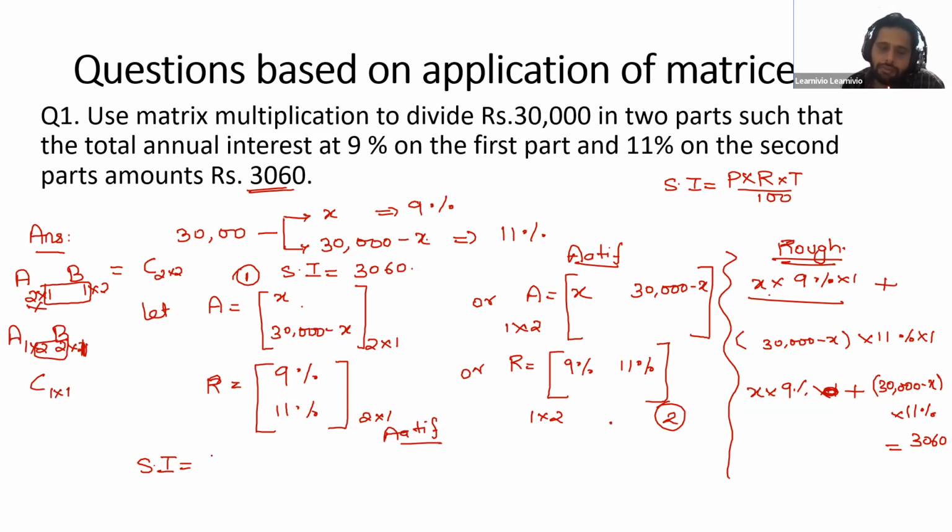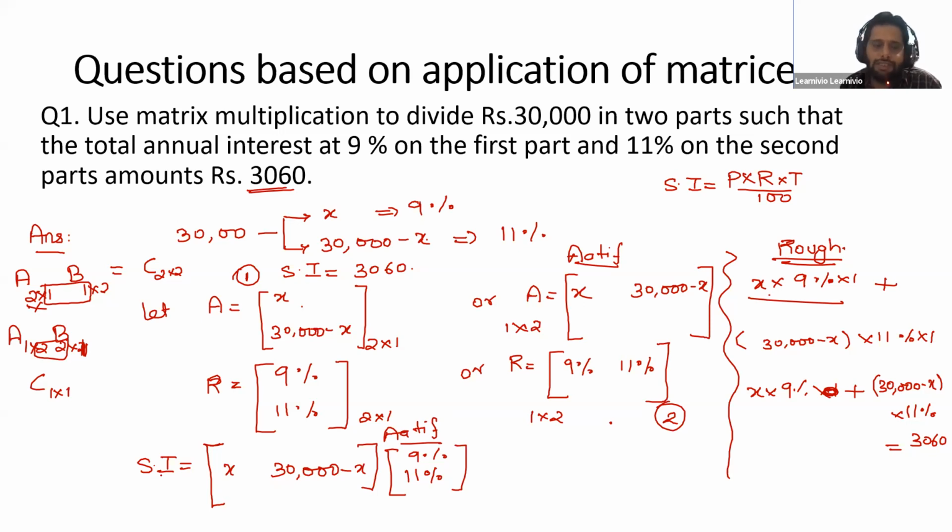For the simple interest, we will select x, 30,000 minus x. And in B, we need 9% and 11%. So you just need to multiply this and equate it with the simple interest, and you will get the answer.